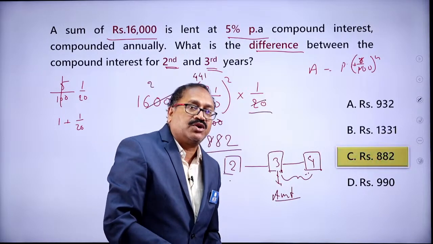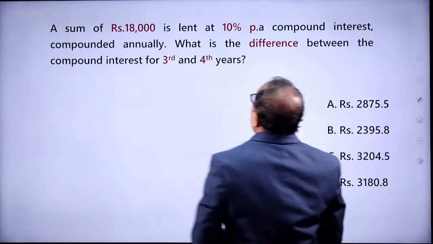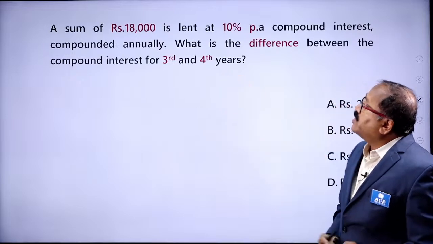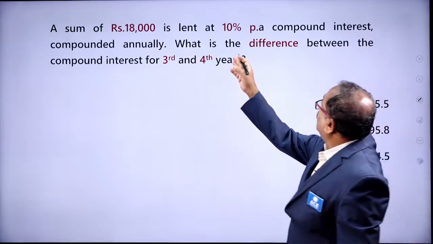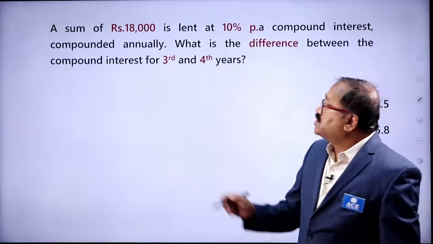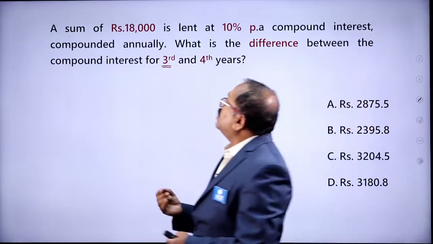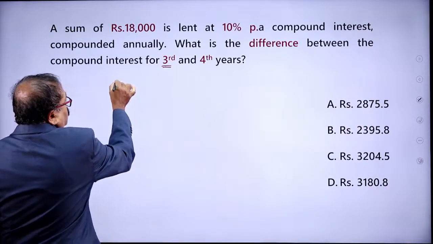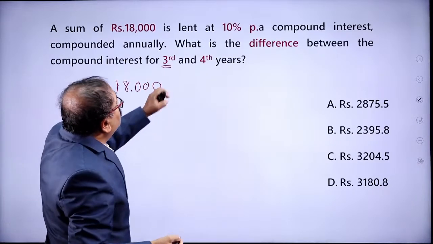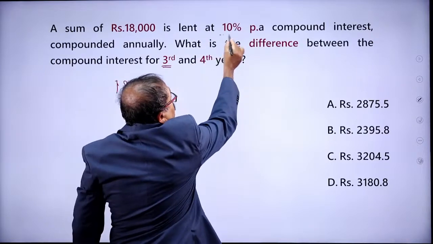The next question is about the same. A sum of rupees 18,000 is lent at 10% per annum compound interest compounded annually. What is the difference between the compound interest from third year to fourth year? As it is third year to fourth year, take the amount for third year. This is 18,000 into 1 plus R by 100, and R is 10%.